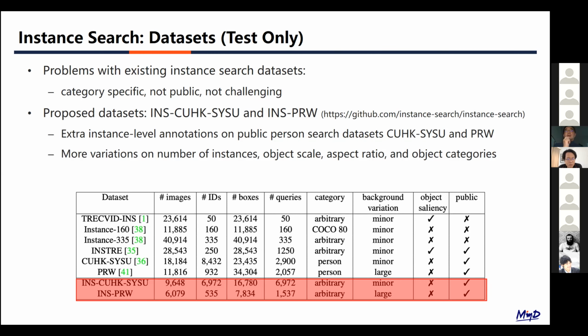For these two data sets, we introduced a larger number of instances and more variance in object scales, aspect ratios, and different types of objects to be searched, and more information as you can see from the last two rows of the tables.